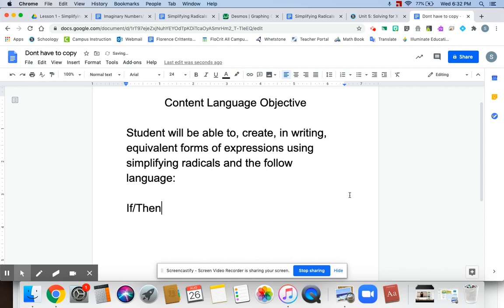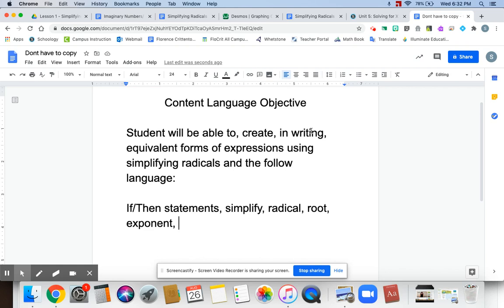If-then statements, simplify, radical, root, and exponent. So based on reading this, what do you think we're going to do today?